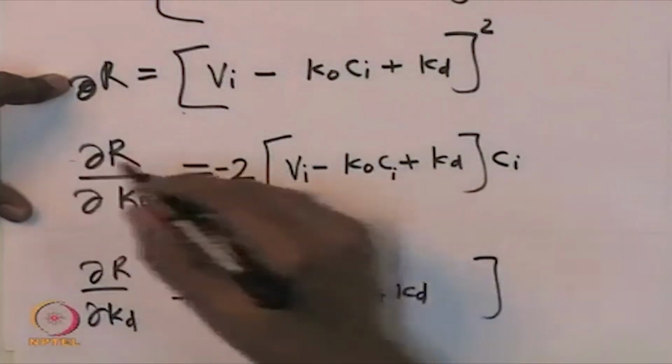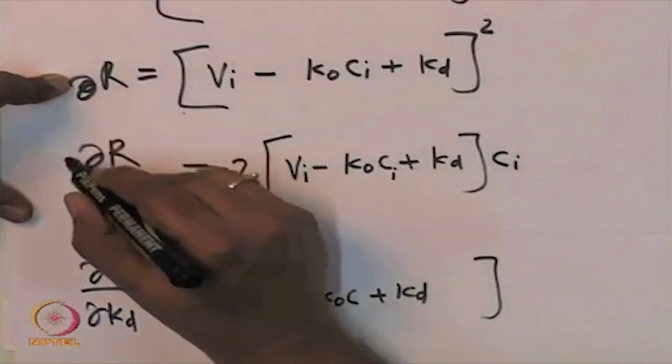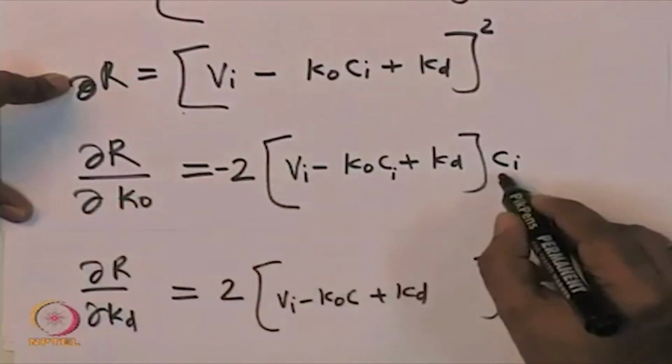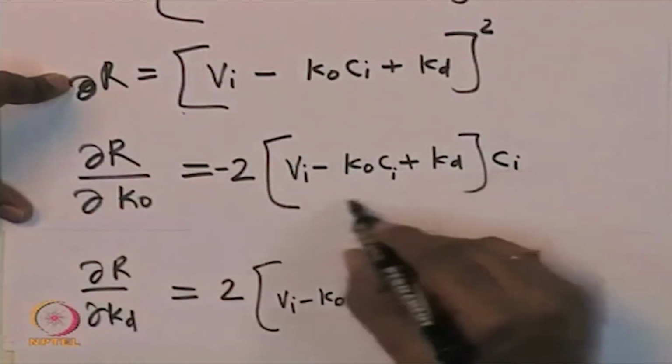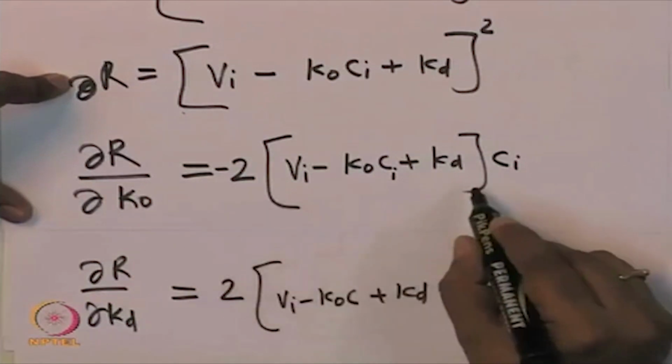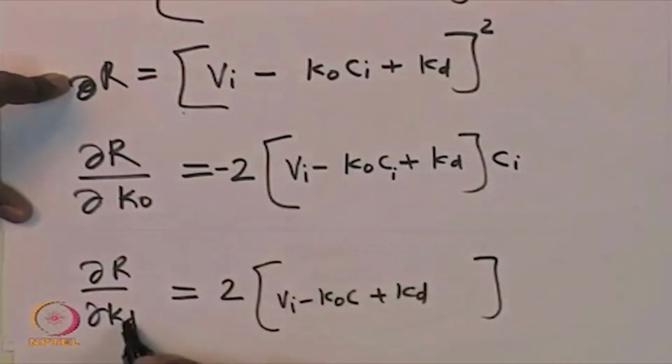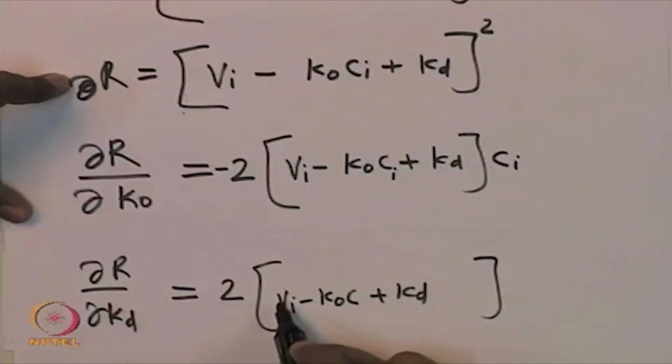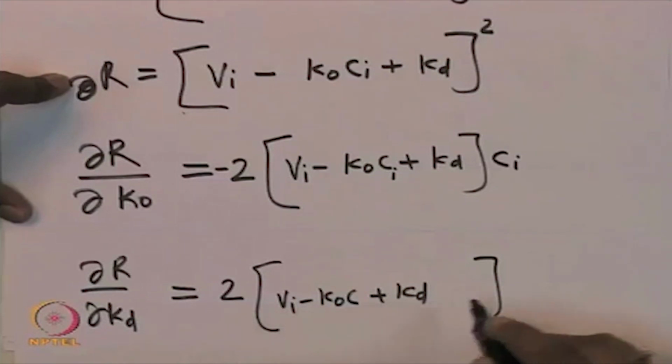So you can find that del R by del K 0 is minus 2 times C I times this, and del R by del K D is 2 times V I minus K 0 C I plus K D.